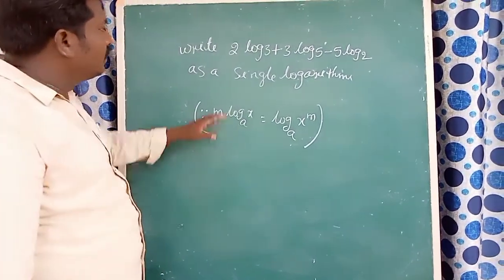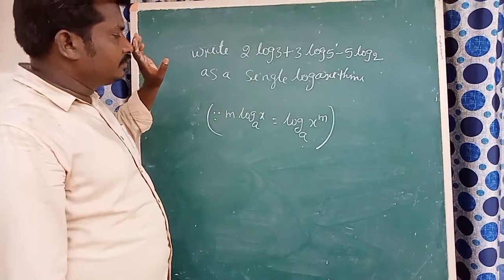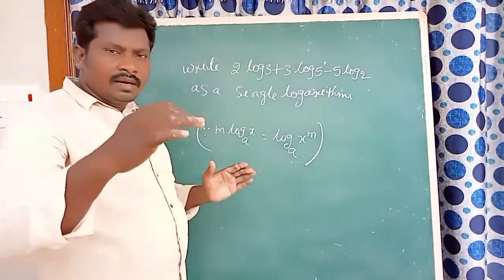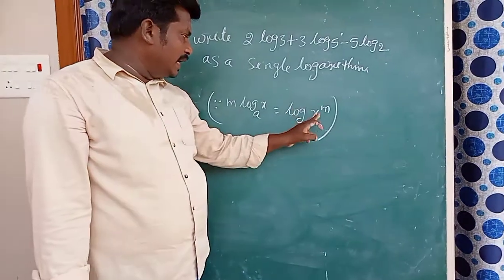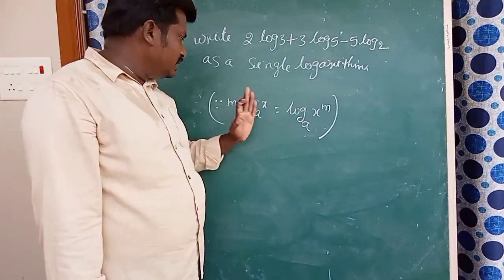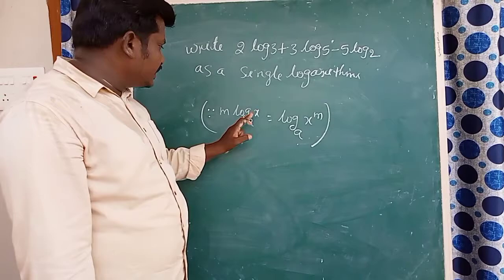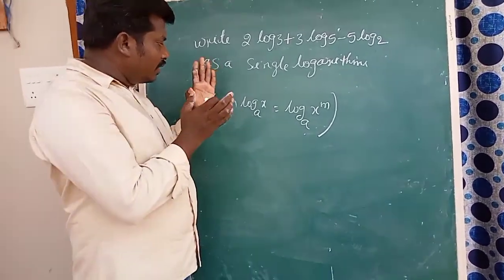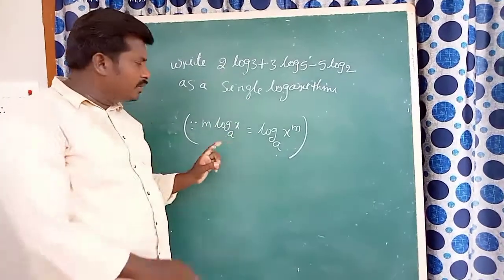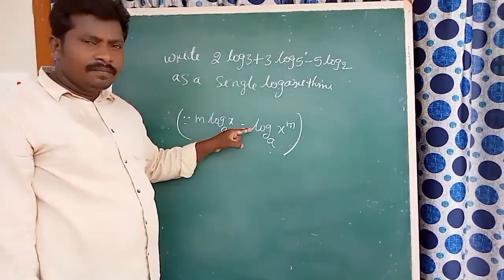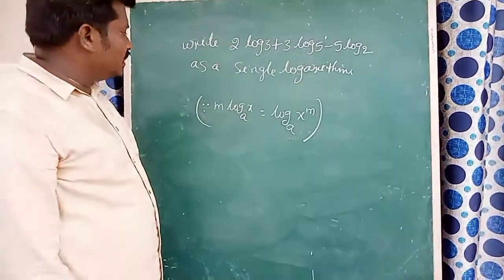I said the important point as log x power m base a is equal to m log x base a; I am writing here the same important point in the reverse order.